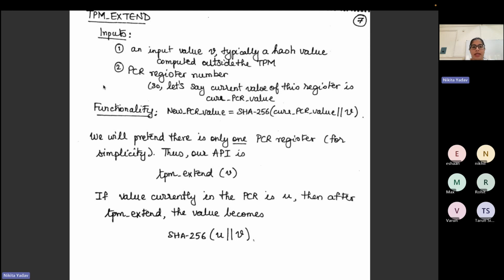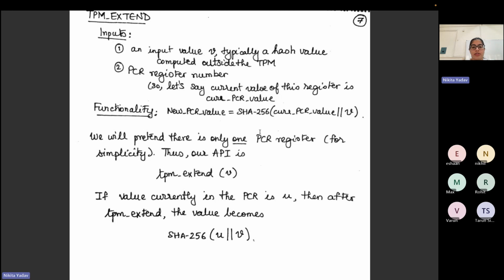When you call this TPM extend API, the functionality it provides is this: the current value of the PCR register is taken and concatenated with the value that you have provided. Then your hardware computes a SHA-256 over this value, and stores it in the PCR register.